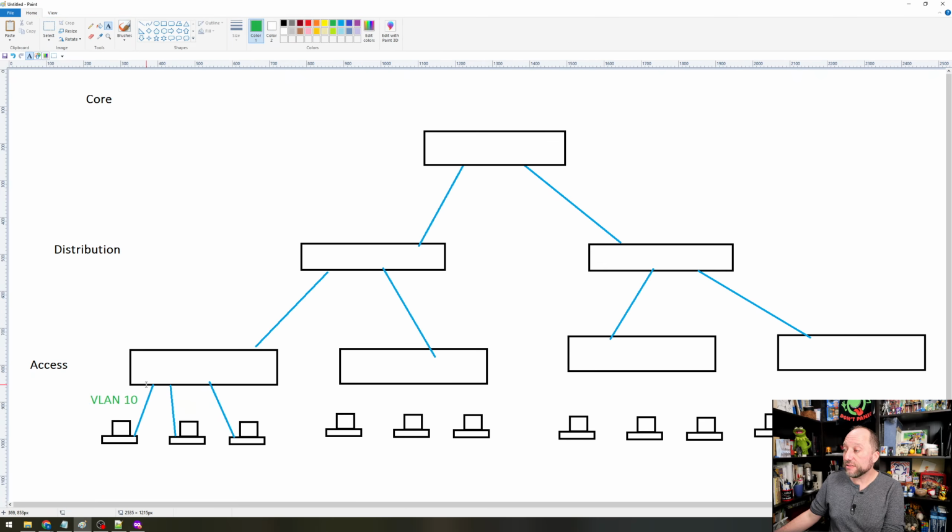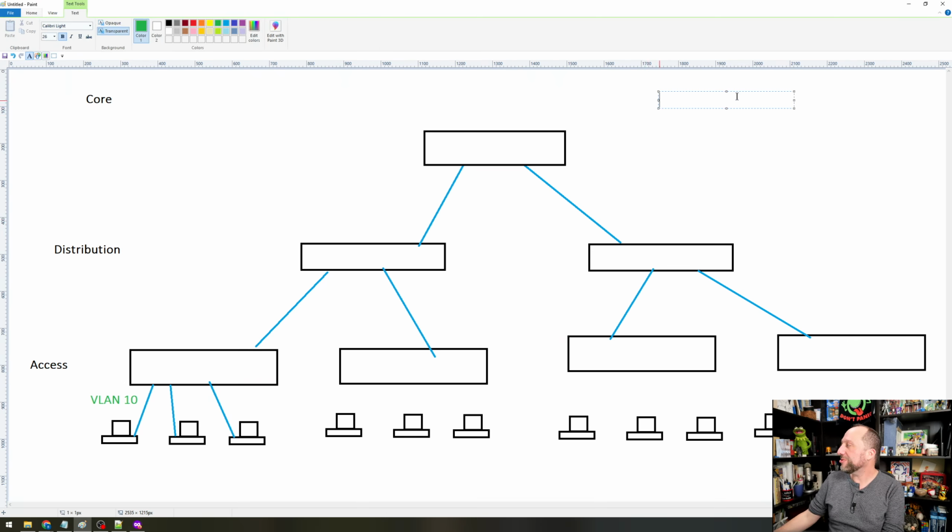And VLAN 10 being the broadcast domain that they're on, what we can do is put an IP address on VLAN 10. Back when we were doing the interfaces, we put an IP on a port, and now that port was a routed interface. Well, we can make a VLAN a routed interface.